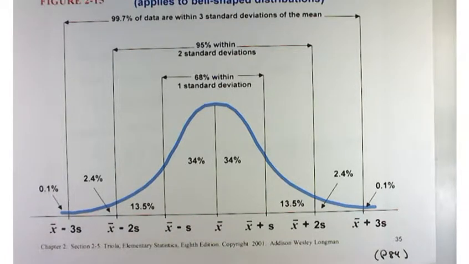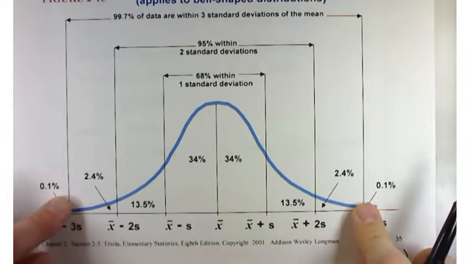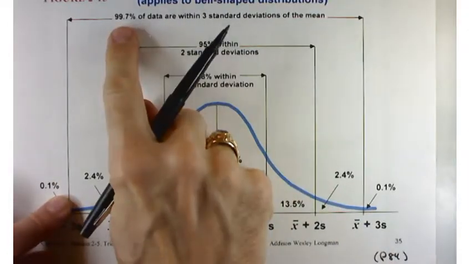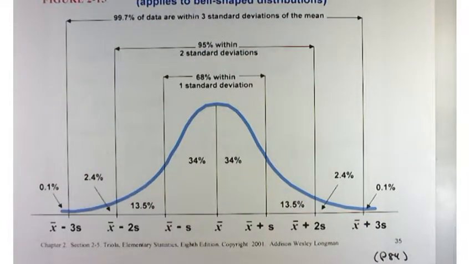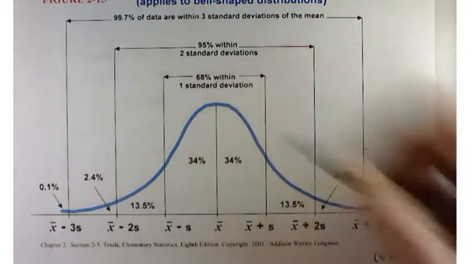In fact, within 1 standard deviation, you'll find 68% of your data. If you go all the way out to 3 standard deviations of the mean, 99.7% of your data should lie within that range. So if your test score is 3 standard deviations above the mean, that puts you in rare air. That's pretty unusual to be that far away from the mean in a normally shaped curve.